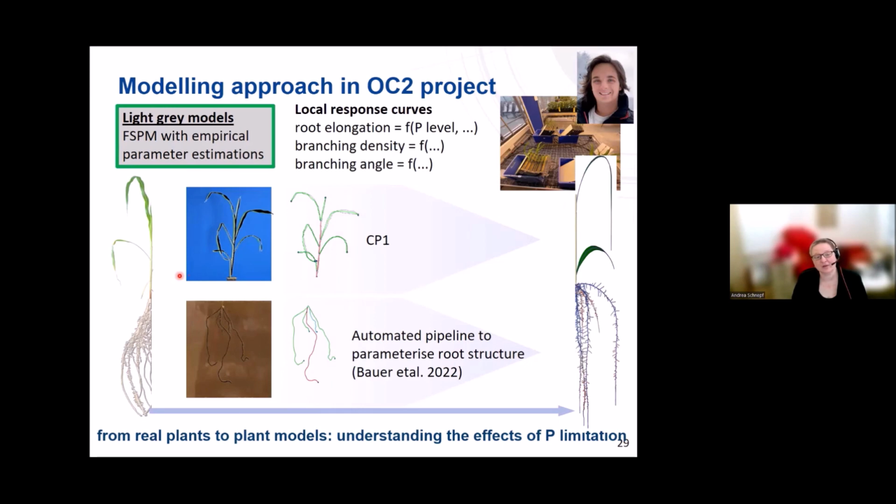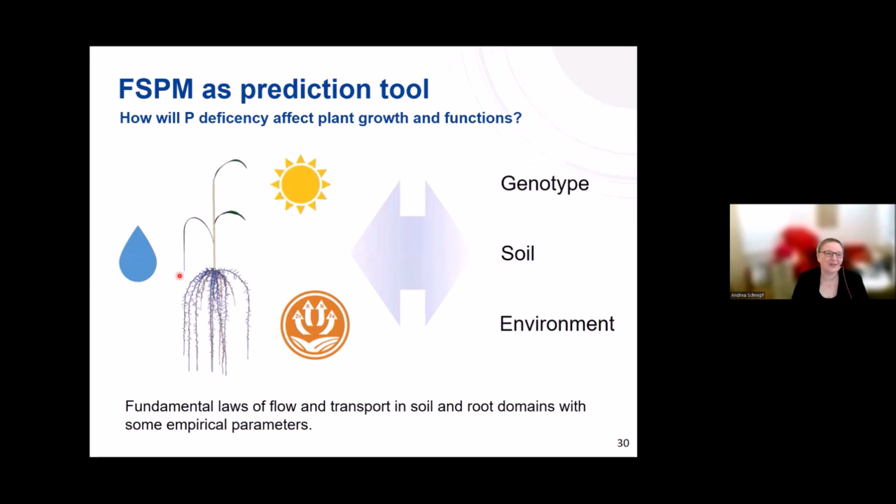From these structural informations, we will compute local response curve functions, where individual specific parameters will be a function of the P level. This will allow us to predict different structures at different P levels, and from there to do the functional modeling of how this affects, for example, root water uptake, nutrient uptake, photosynthesis, and so on. And I think we need to stop here because of the time, unfortunately.